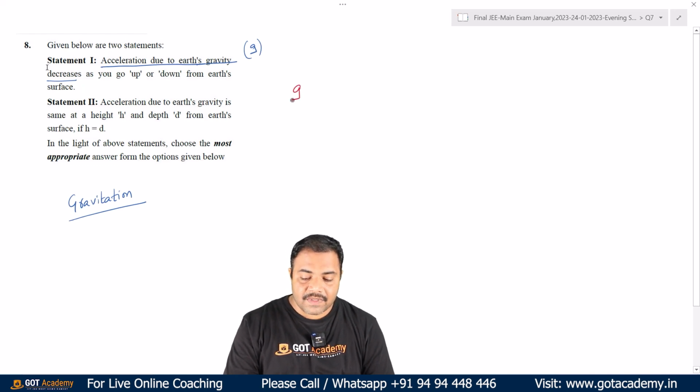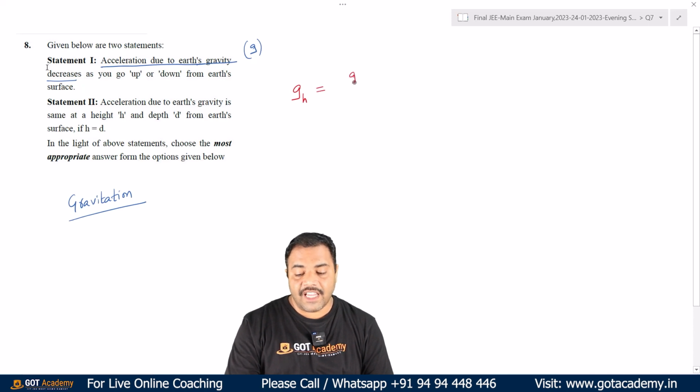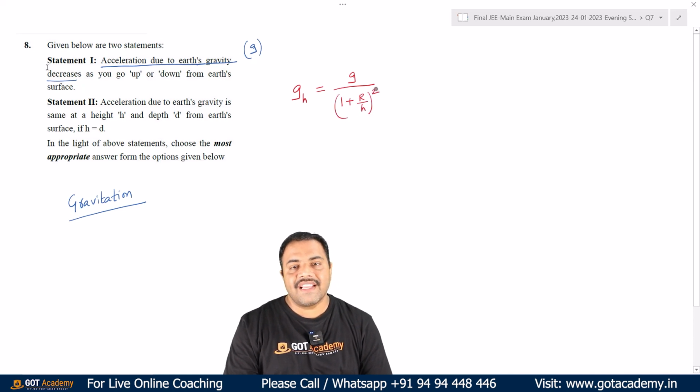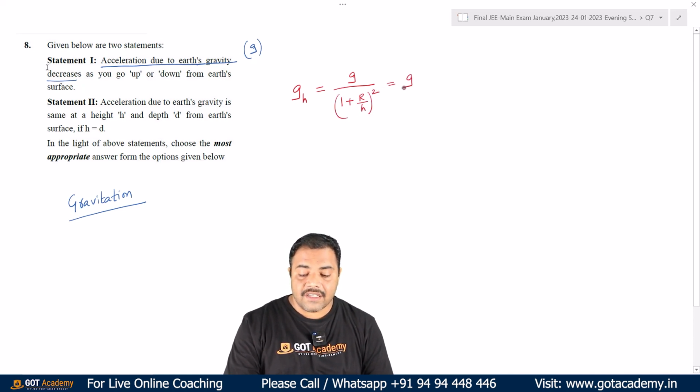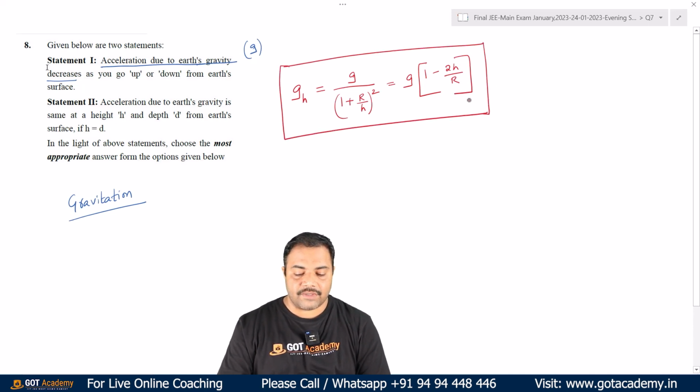As we go up, g_h, we have studied, is equal to g divided by (1 + h/R) whole squared, isn't it? Or you could write it as g(1 - 2h/R). We have studied these things. So, this is acceleration due to gravity at a height h.